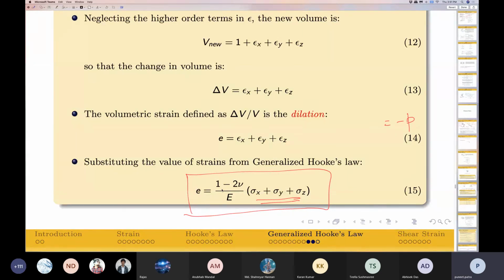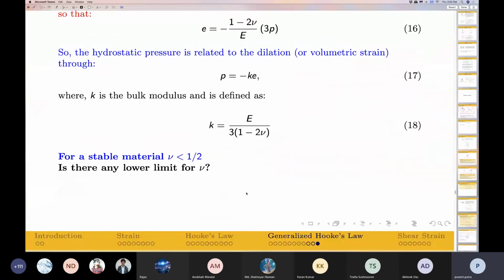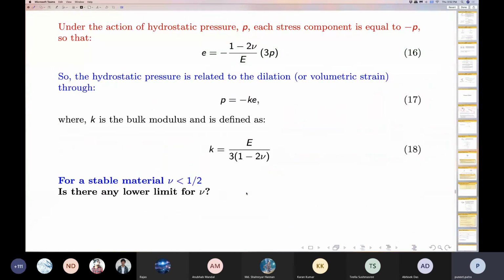And if I substitute this information that sigma x equal to sigma y equal to sigma z is equal to minus p in this expression, I end up with a very interesting thing. I end up with a quantity where on one side you have pressure, which is a stress-like quantity, and on the other side I have dilation, which is a strain-like quantity.